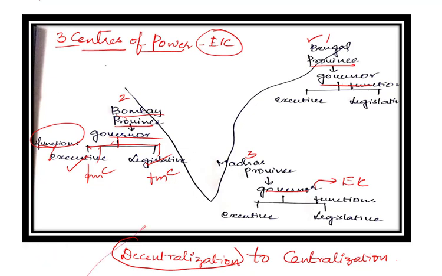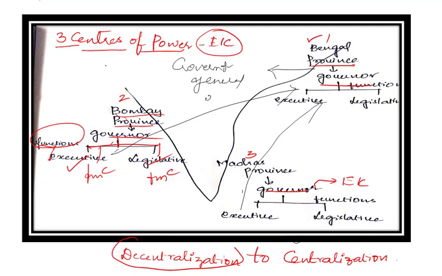After the passing of the Regulating Act of 1773 by the British Parliament, the executive powers of the Bombay and Madras governors were removed and given to the Bengal governor, and the Bengal governor was renamed Governor General of Bengal. So this is the first feature of this act.